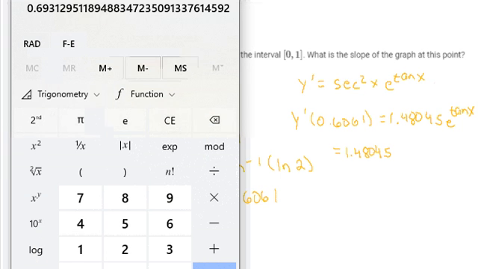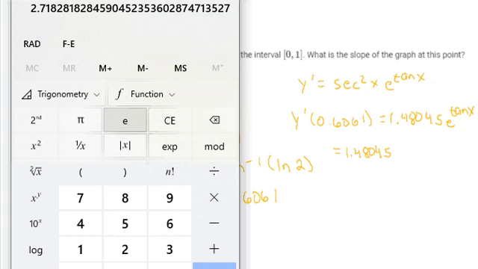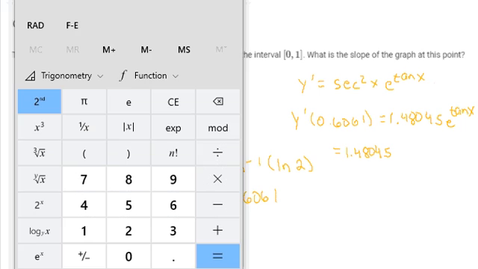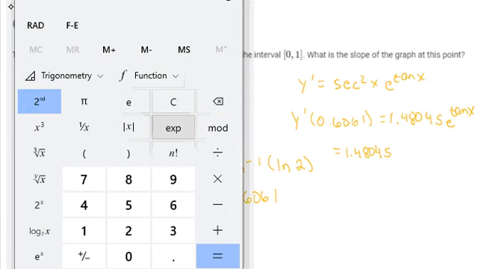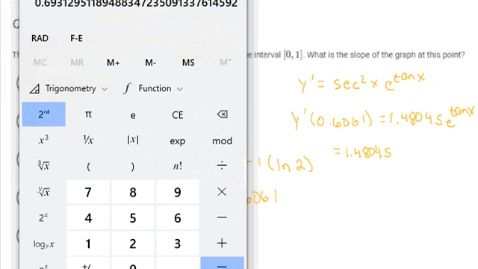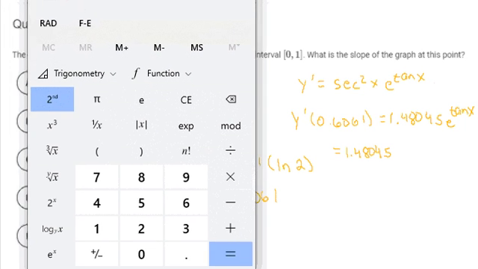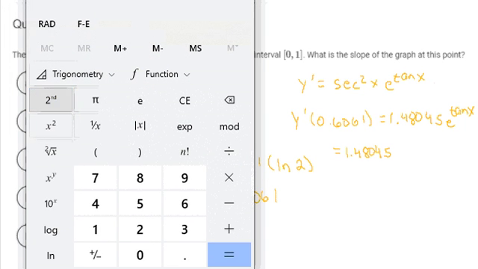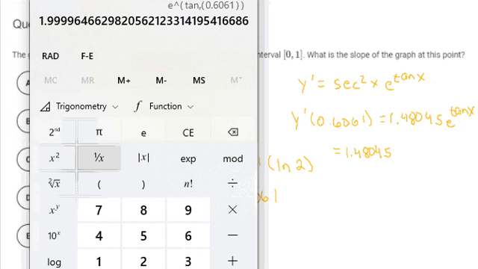Now we want e raised to that value. So we go to our second e, and we see it's 1.999, and so on.